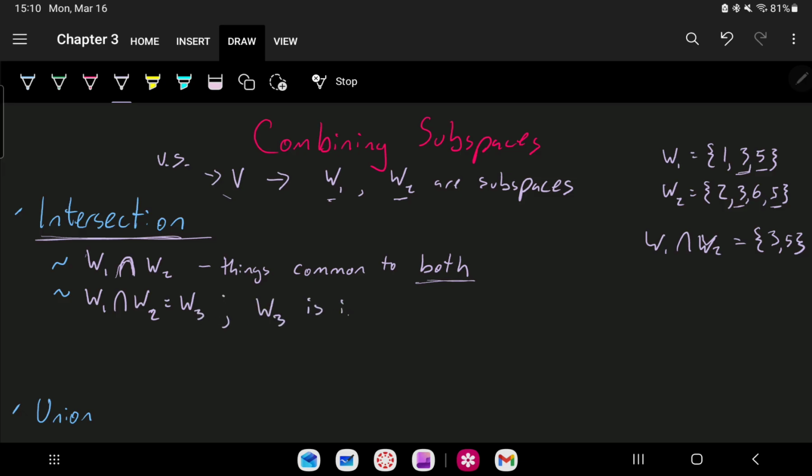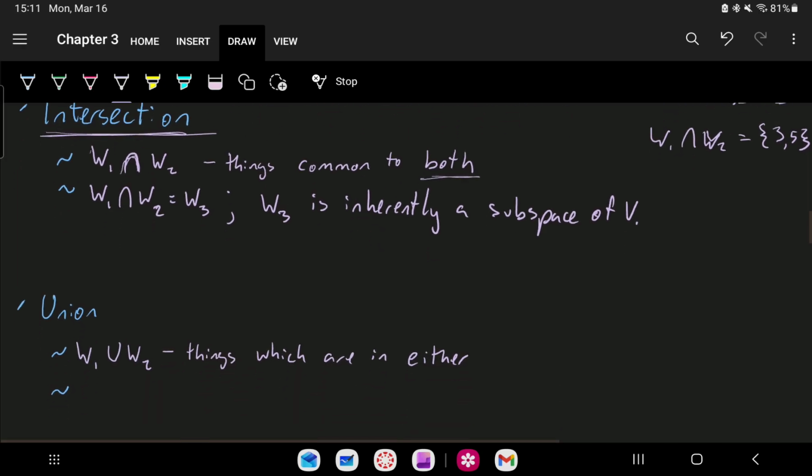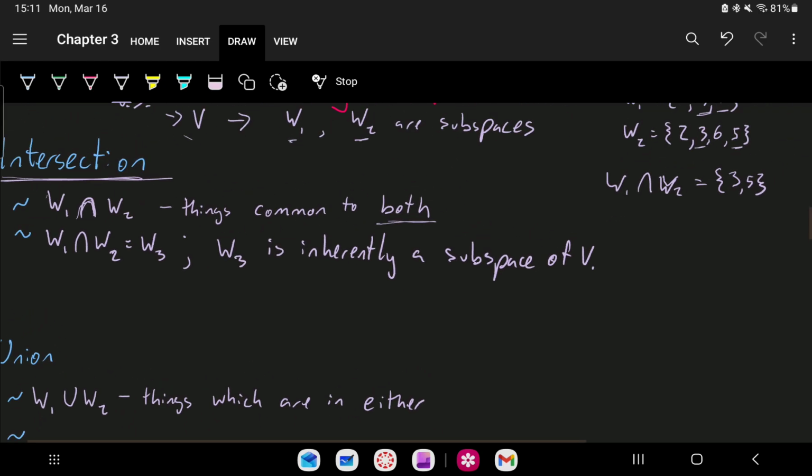W3 is inherently a subspace of V. We don't need to check anything else. If we are certain that W1 and W2 are subspaces, we take the intersection of those two things, the result is a subspace, right?